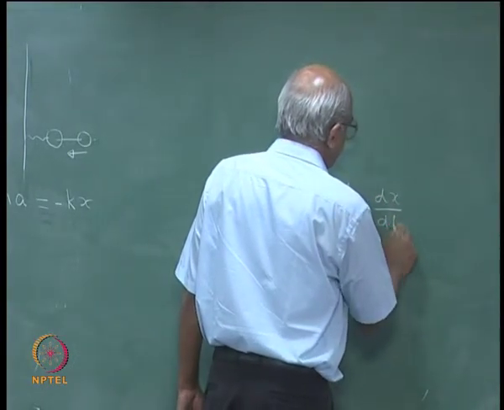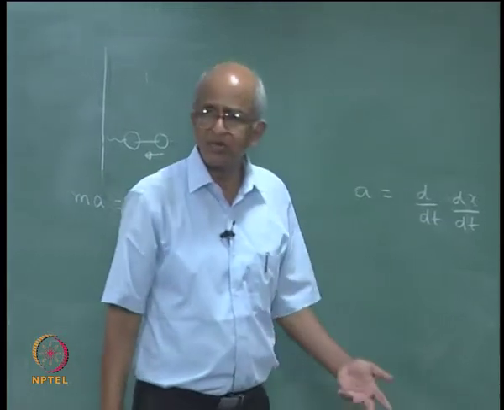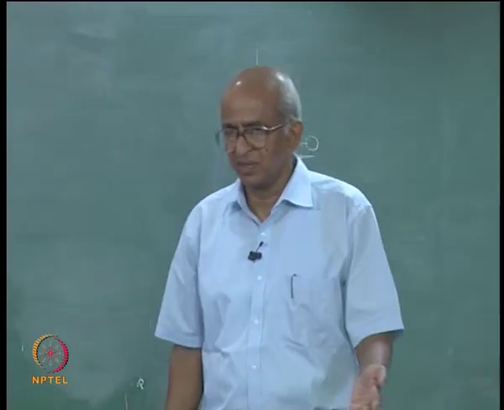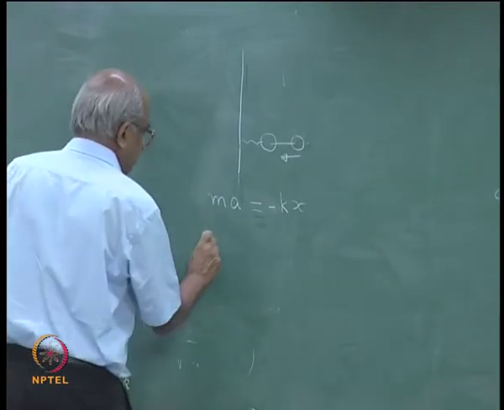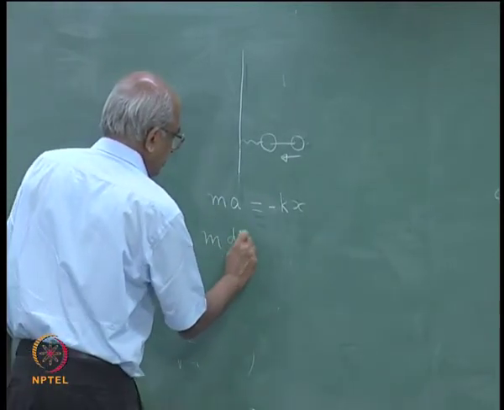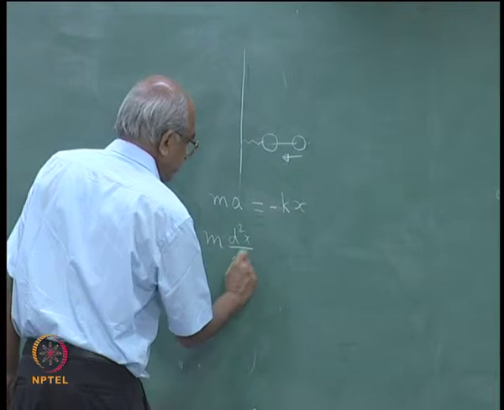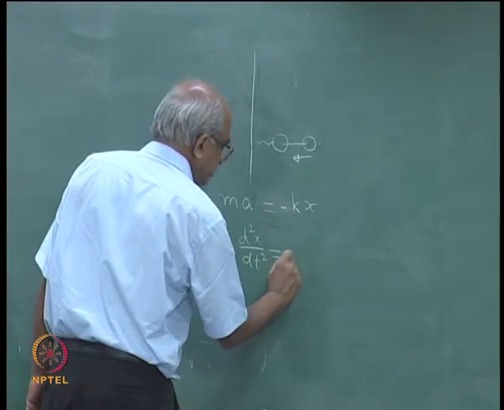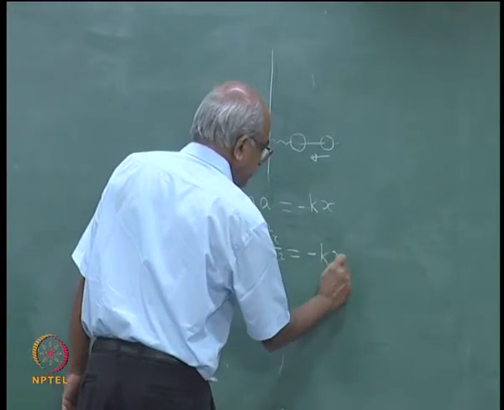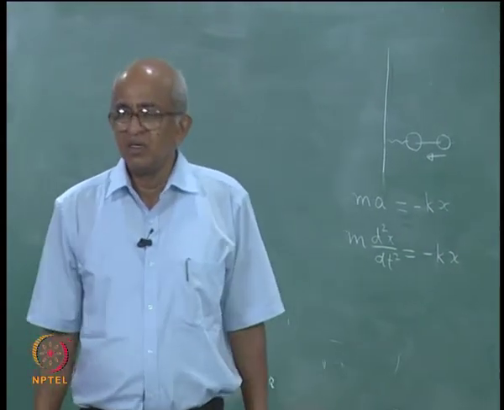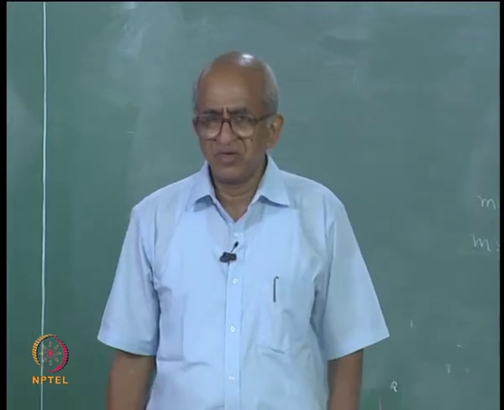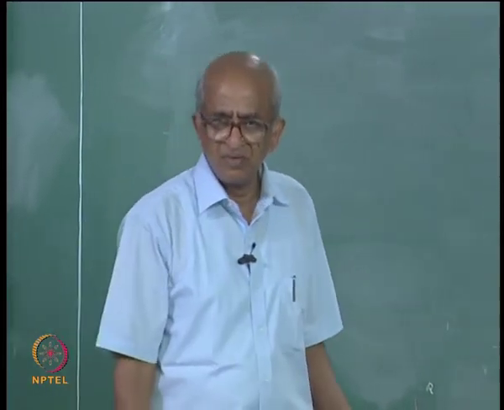So, acceleration is the second derivative of the position of the particle, and this equation becomes m d square x by dt square equal to minus kx. A simple differential equation, very easy to solve.